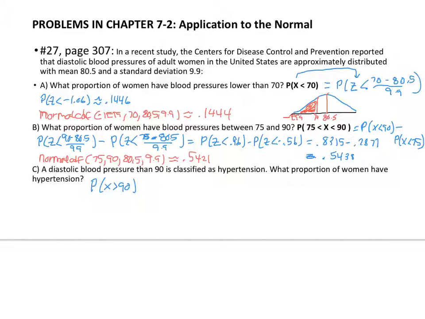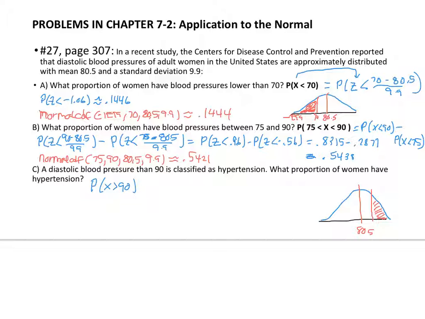In this case, we can't solve it directly because we don't have a z variable. If we have the normal distribution, and you should probably always draw these to get a clue as to how this works, here is our 80.5, and now we're looking at something at 90, and we're looking at this area here.